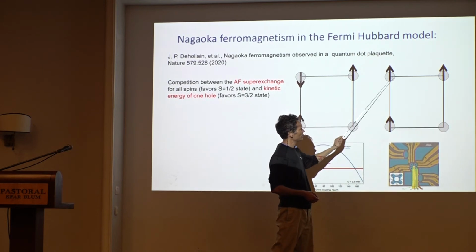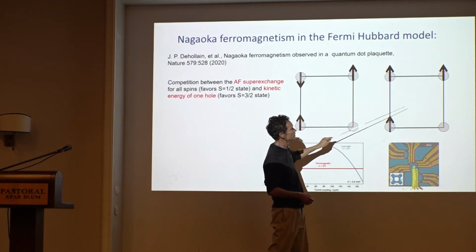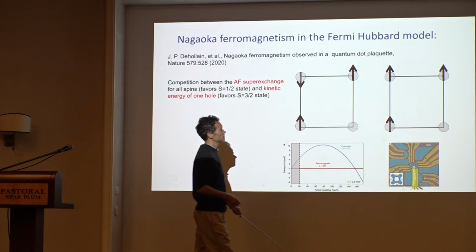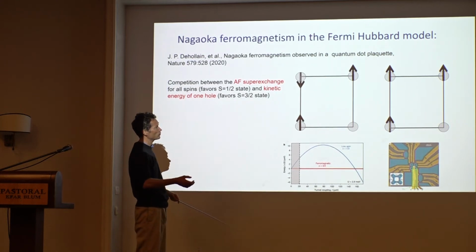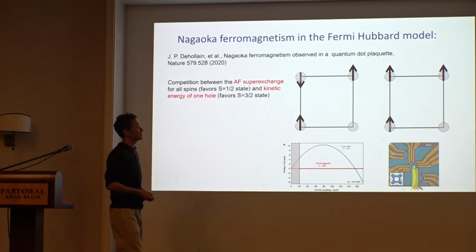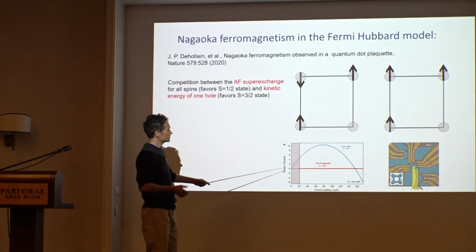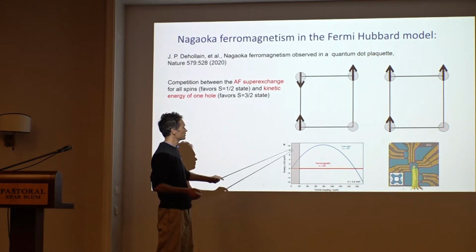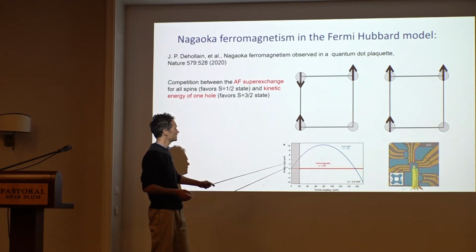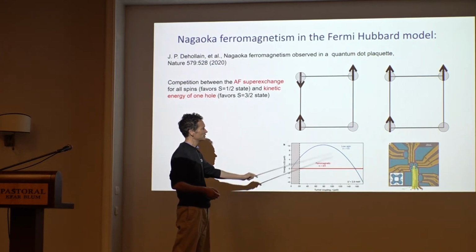If we have ferromagnetic orientation, then if a hole moves this way or on the other trajectory, these 2 trajectories will interfere constructively, and therefore motion of a hole in the ferromagnetic environment is energetically lower. It lowers the kinetic energy of a hole. That's why, for this plaquette, one can predict the transition: when tunneling dominates, when our primary goal is to minimize the kinetic energy of a hole, we will be in the ferromagnetic state.